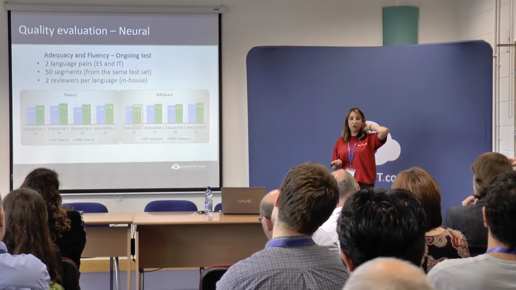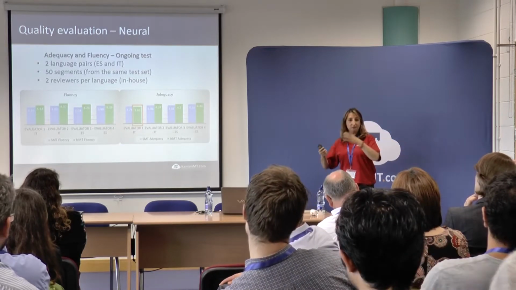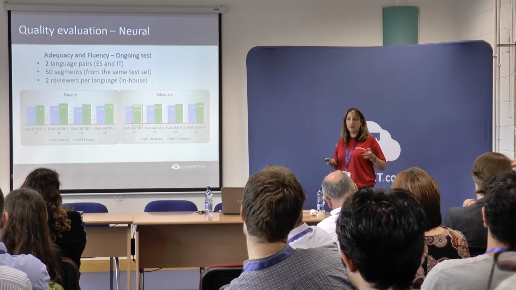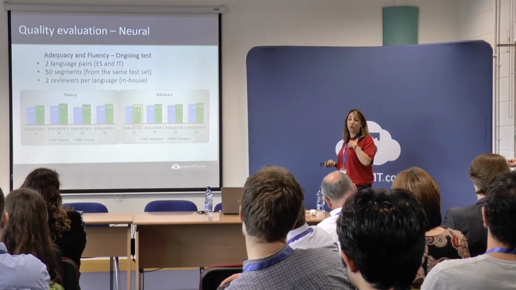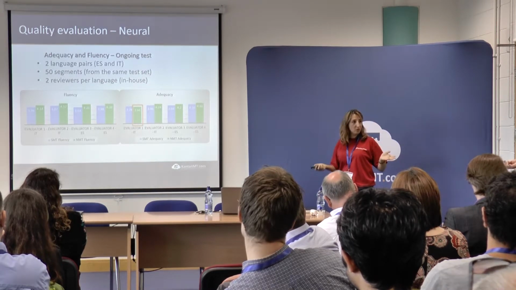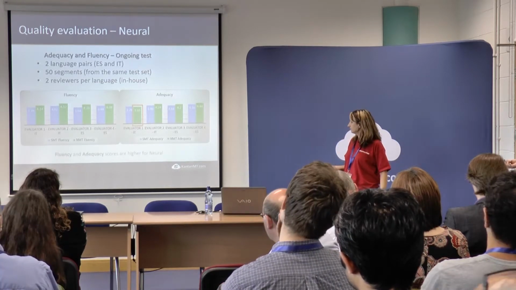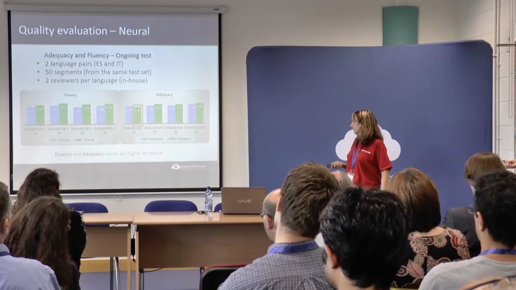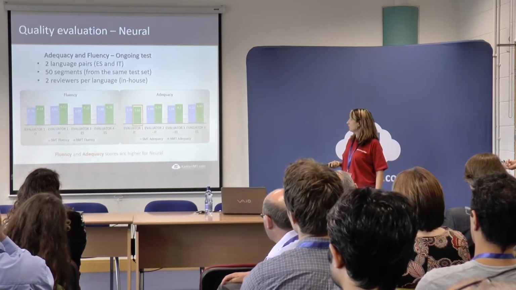Can we trust NMT as well in terms of carrying the meaning as well as sounding so well and reading so well? So for me, that's a great insight already. Obviously, we need to validate it. We need to do it for more languages and see if things change. So fluency and adequacy scores are higher for Neural in this case.